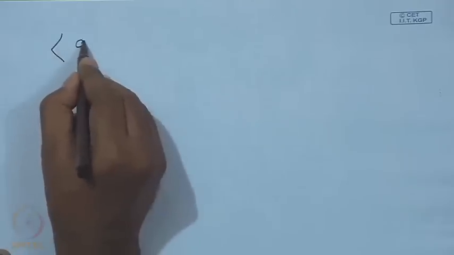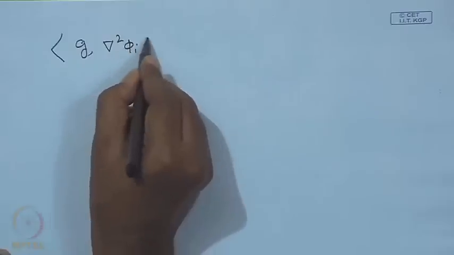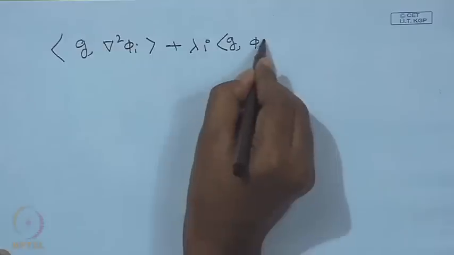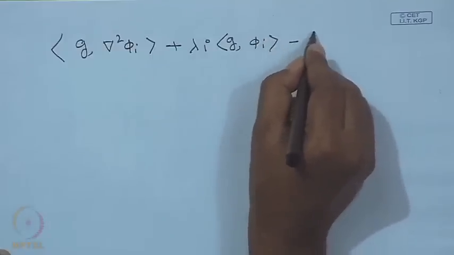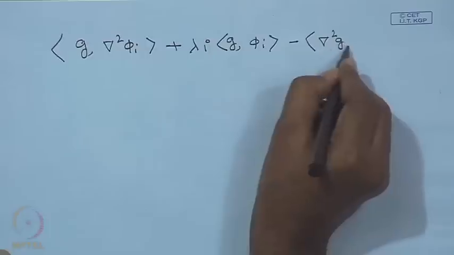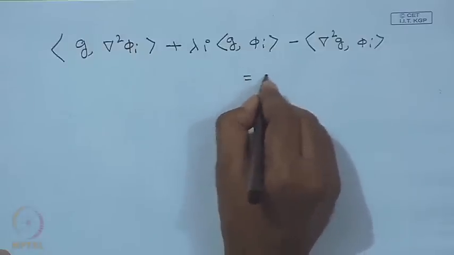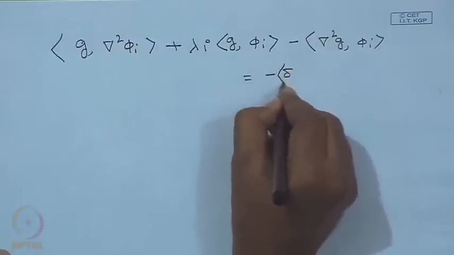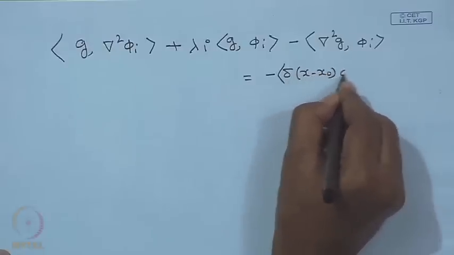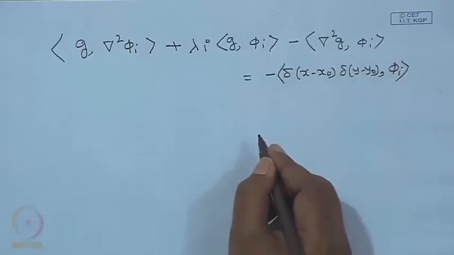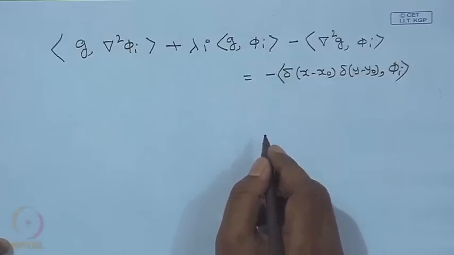You will be getting the inner product of g with grad square phi I plus lambda I times g phi I, minus the inner product of grad square g and phi I, is equal to minus the inner product of delta x minus x naught, delta y minus y naught, with phi I. We simplify this equation one after another.